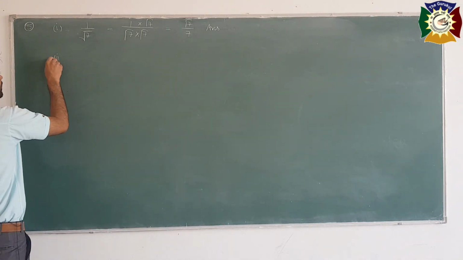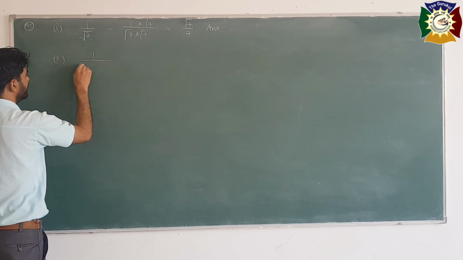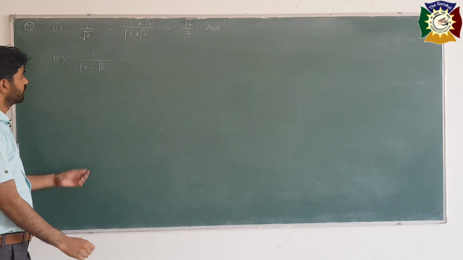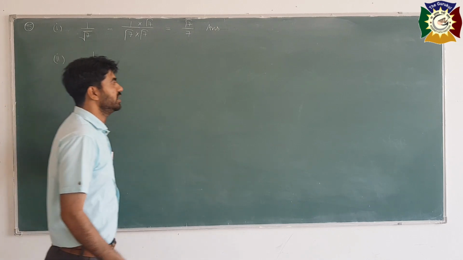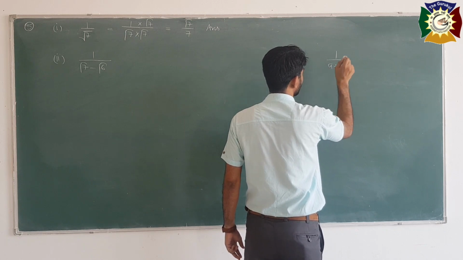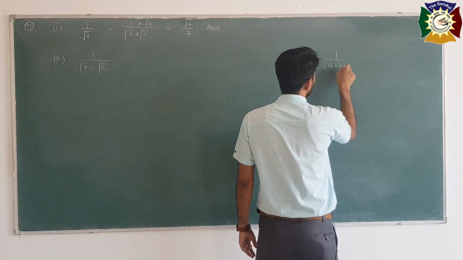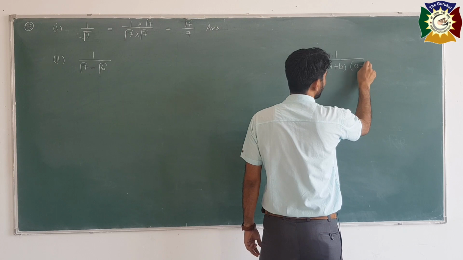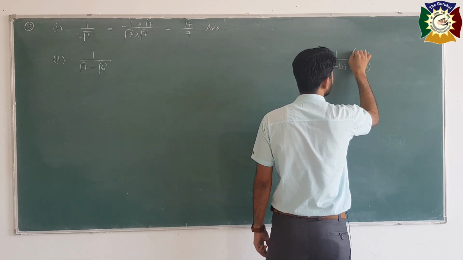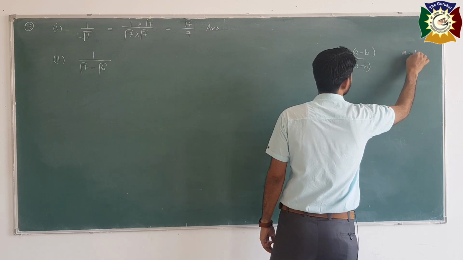Second part. 1 divided by root 7 minus root 6. Now, this can be rationalized. 1 upon a plus b is given, and I will multiply it by a minus b, so that the identity will become this.